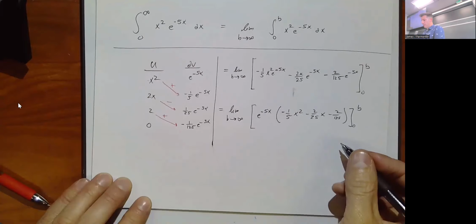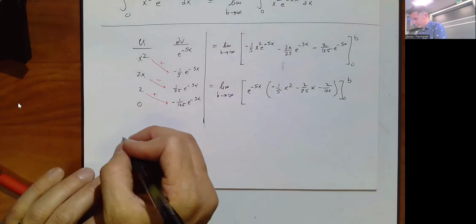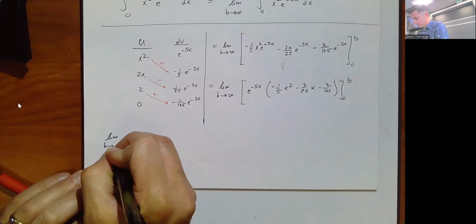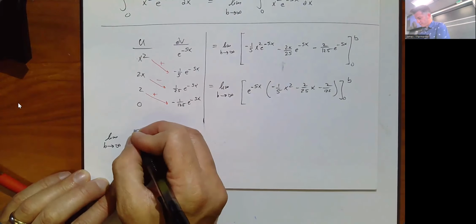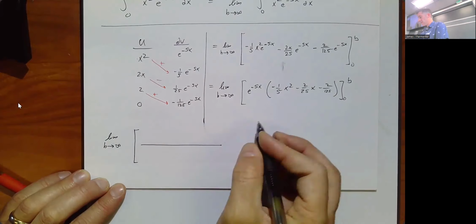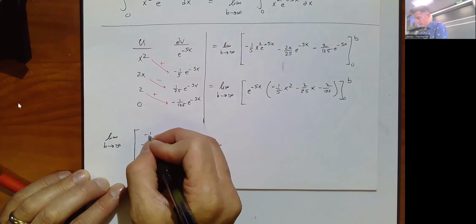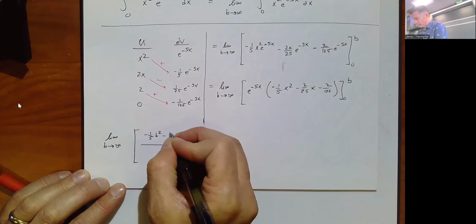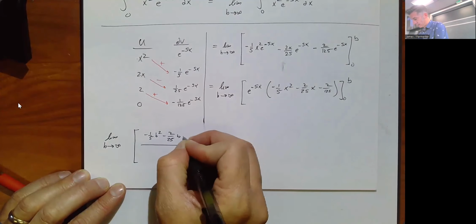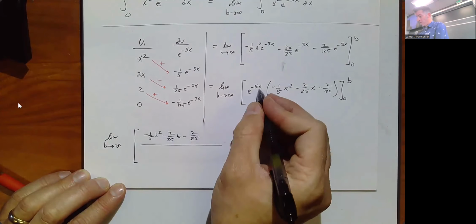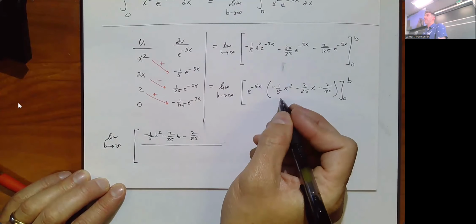And then actually write this as the limit as b goes to infinity of the top thing, negative 1/5 b squared minus 2/25 b minus 2/125 over e to the positive 5b.